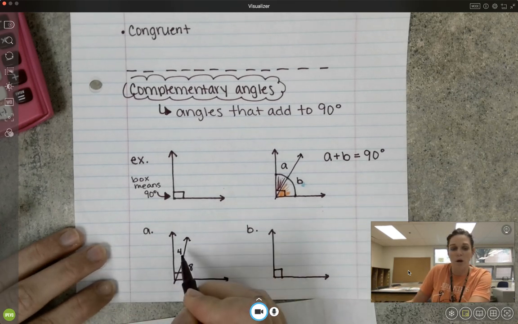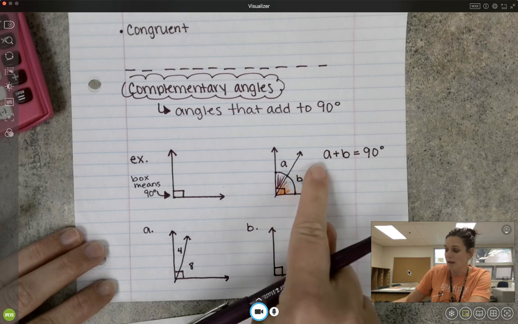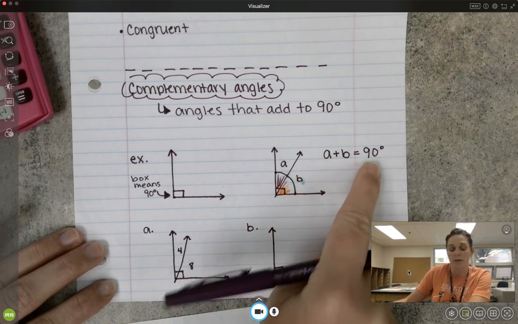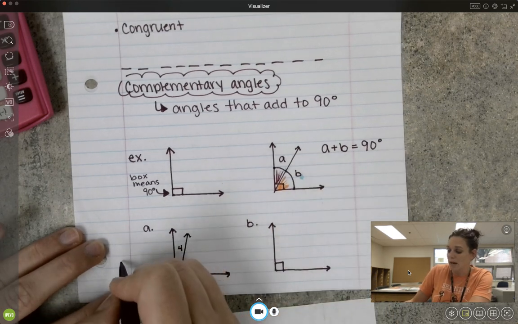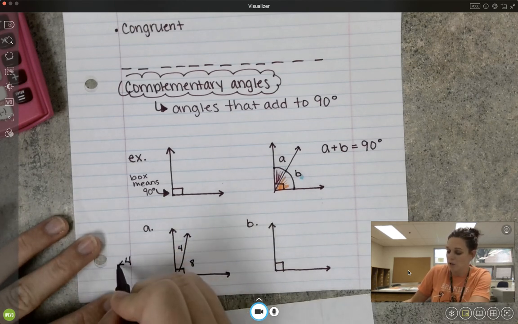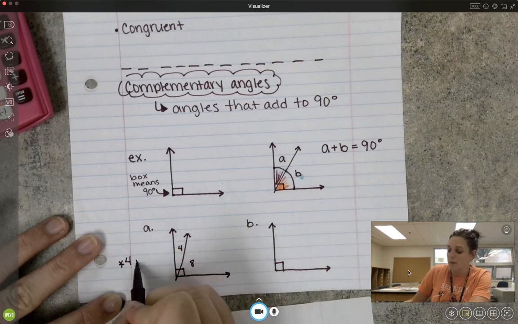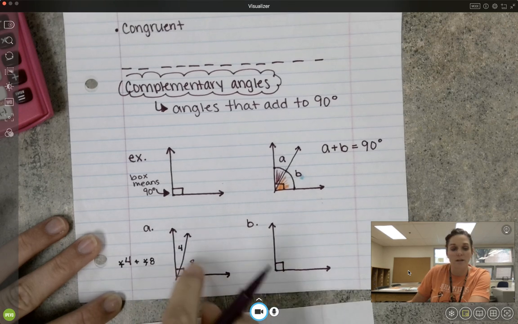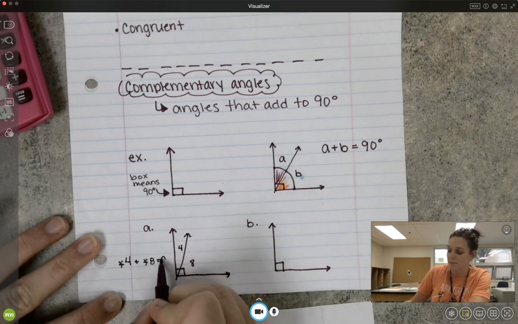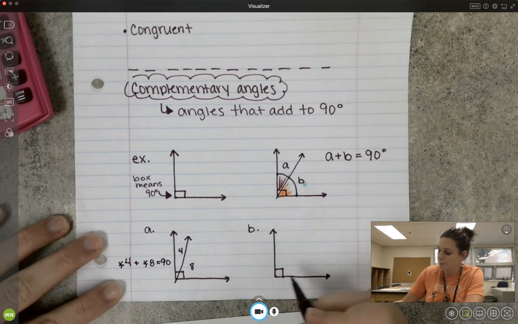So when we write this, angle 1 plus angle 2 equals 90, we would say that angle 4, this guy, plus angle 8 together need to make 90 degrees. All right, let's do another one.